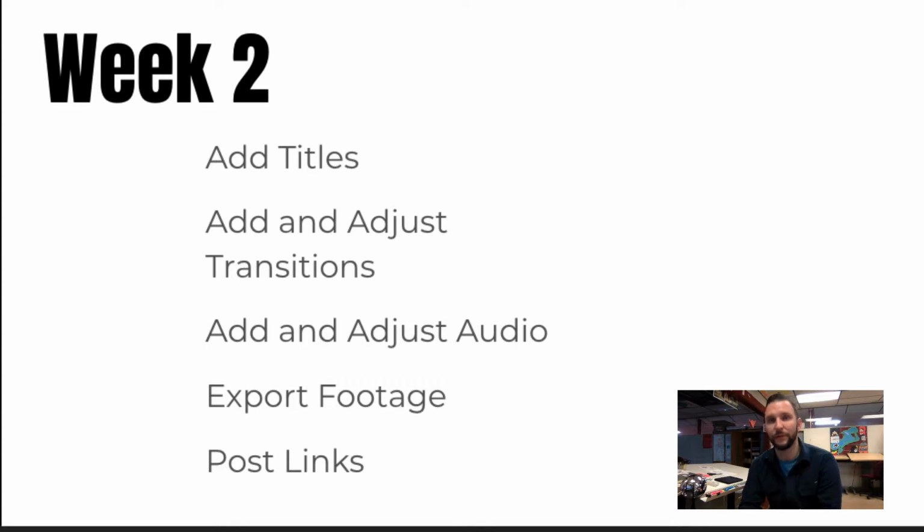This whole week revolves around some of the more advanced features that iMovie has to offer, including titles, both at the beginning and an end scene credit, as well as adding lower thirds informational text, transitions, fade to black, fade to white, crossfade, things that'll take our video clips and make it a little bit easier to understand and watch than just having such a hard cut from one clip to another. We'll add in some audio, some music, and adjust the sound quality on that.